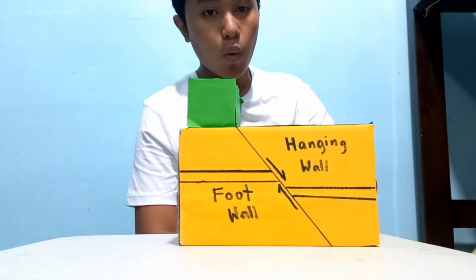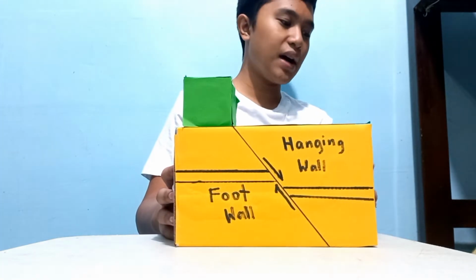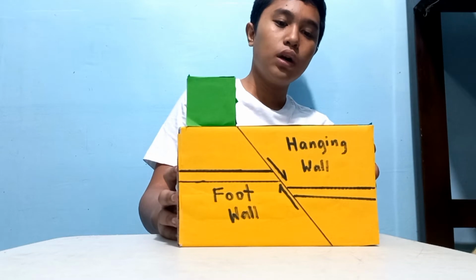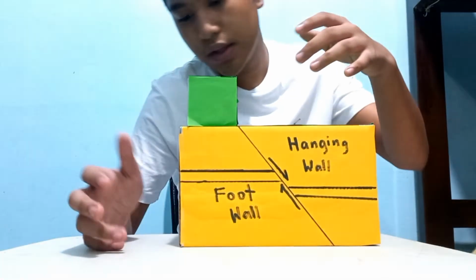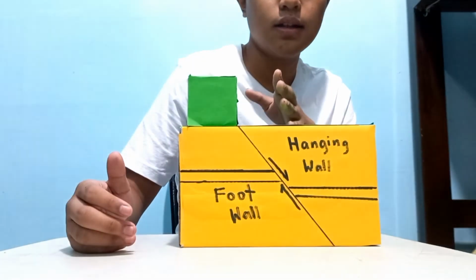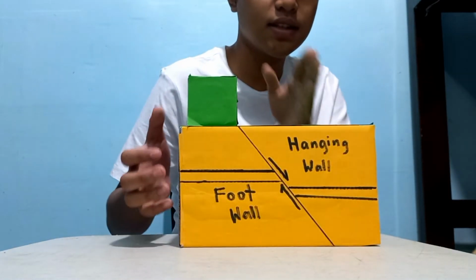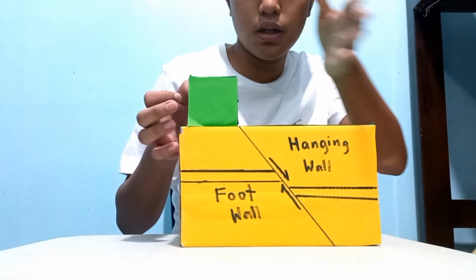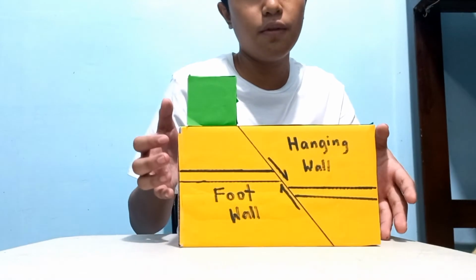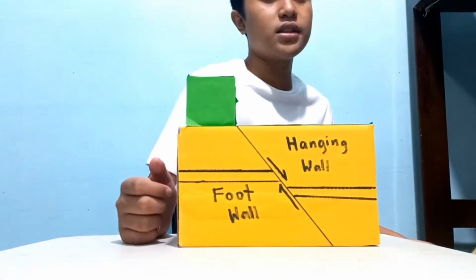Well, what I have here is a model of how a fault would look. Though how it's currently looking right now is not how it would usually look, since the fault plane here would look much more diagonal, but well, materials are lacking.